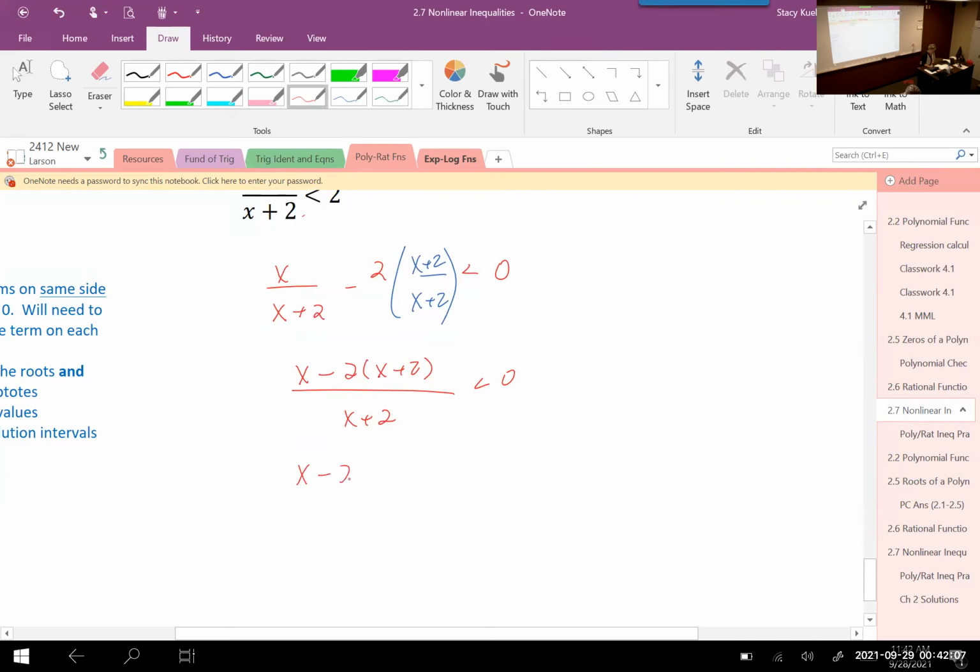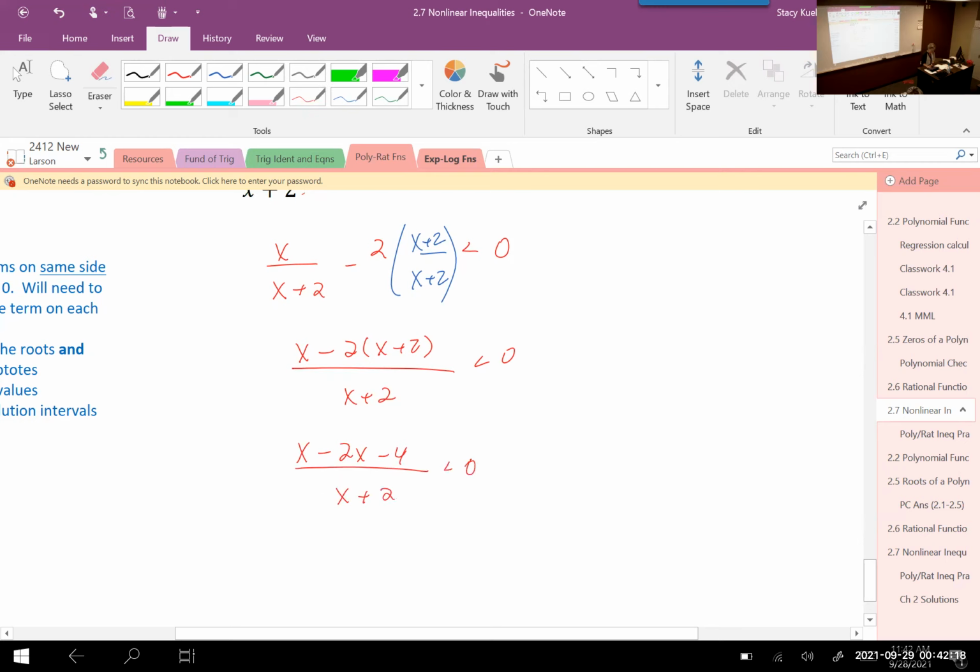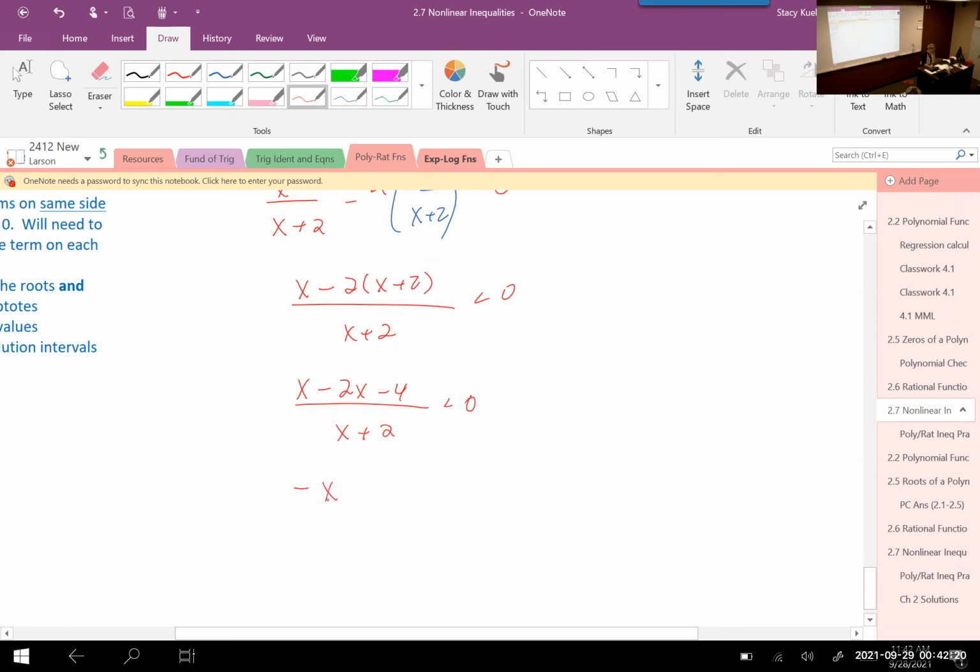I have x minus 2x plus minus 4 all over x plus 2. Or in other words, I have negative x minus 4 over x plus 2 is less than 0. And that is the rational function that I want to work on now.